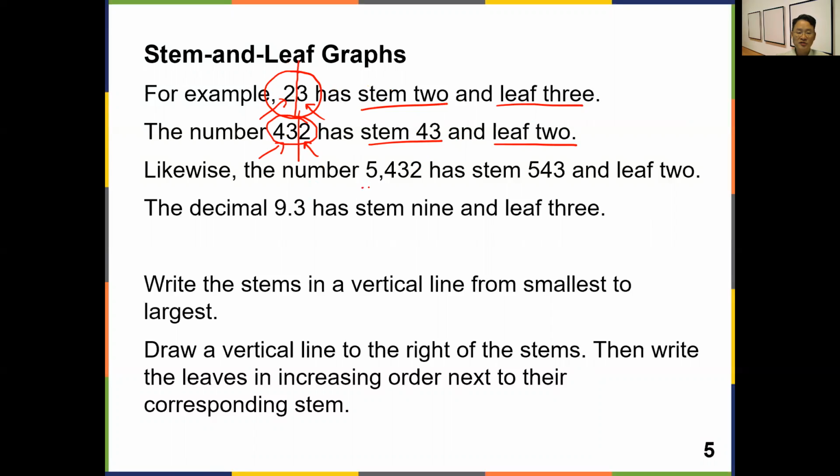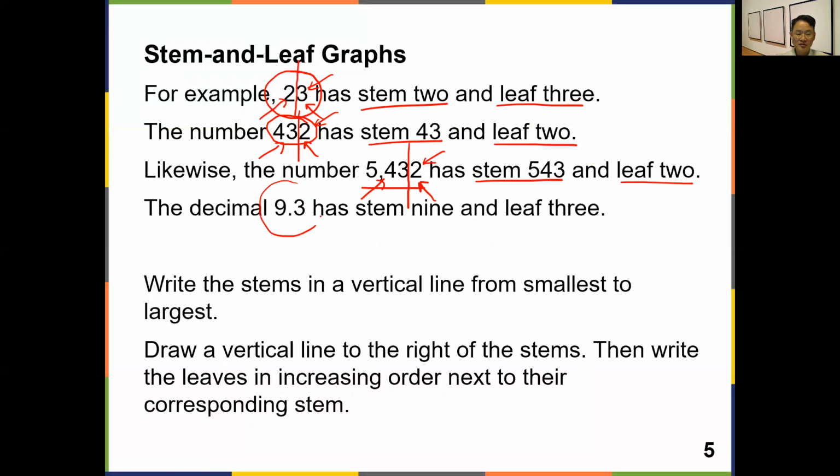Let's say you have a 4-digit number like this, then again you cut it right there. This is going to be the stem, and this is going to be the leaf. So what do they have in common? It looks like the last 1 digit is going to be the leaf part. Any previous number is going to be the stem part.